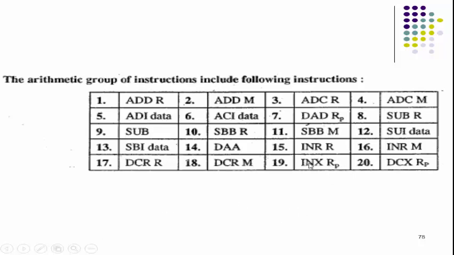INX R P, here IN indicates incrementation, X indicates register pair, so specified register pair plus 1. And the last one, DCX R P, decrement the specified register pair, that is minus 1 from the specified register pair. We will see these instructions one by one with suitable examples.